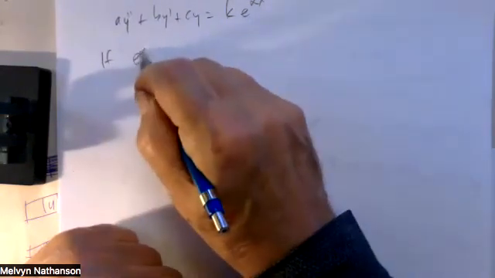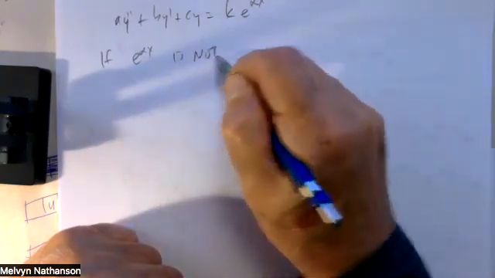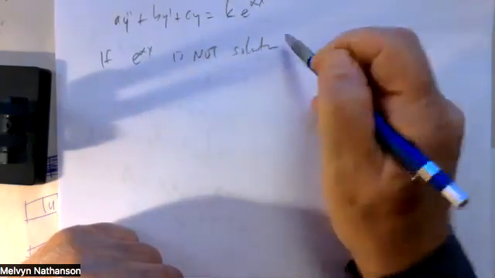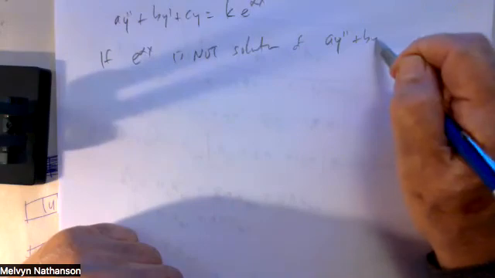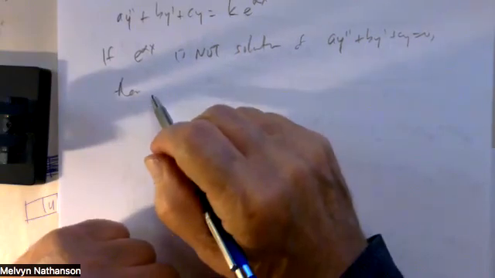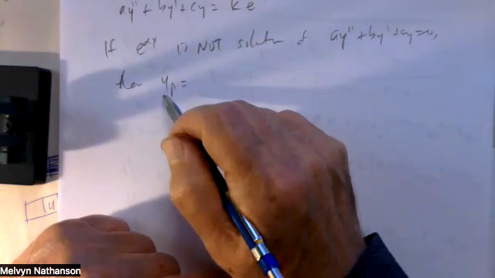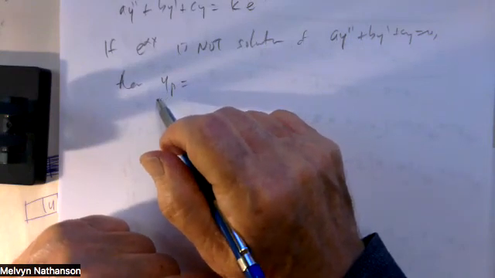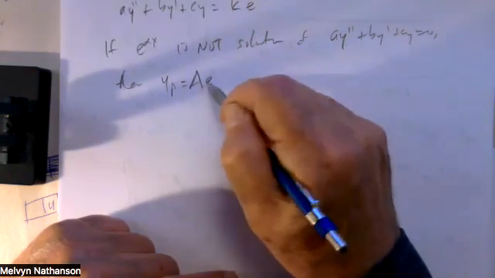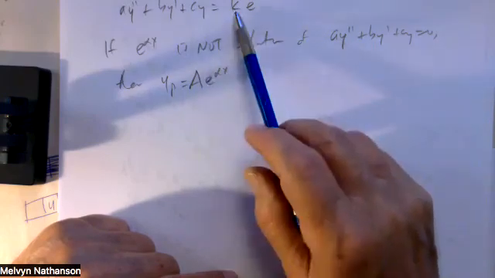If e^(αx) is not a solution of the complementary equation, then there's always a solution of this non-homogeneous equation of the form y_p = Ae^(αx). And you can find this capital A by plugging this function into this equation and solving for A.